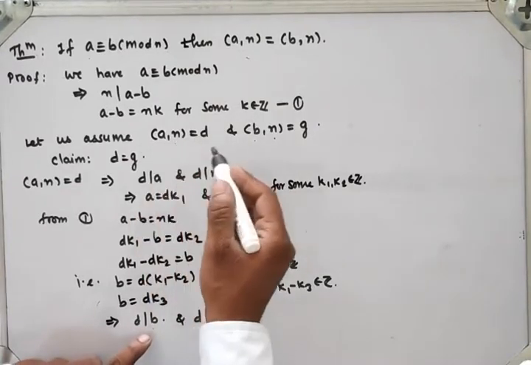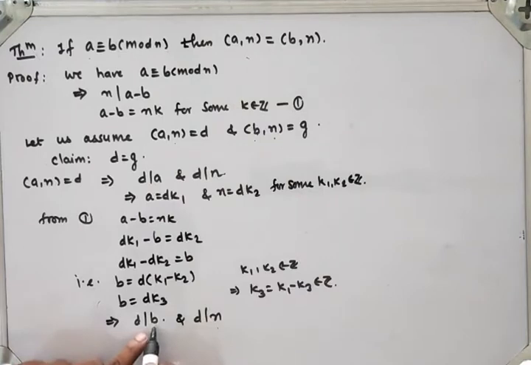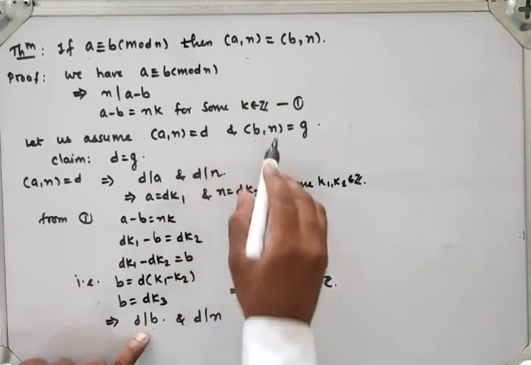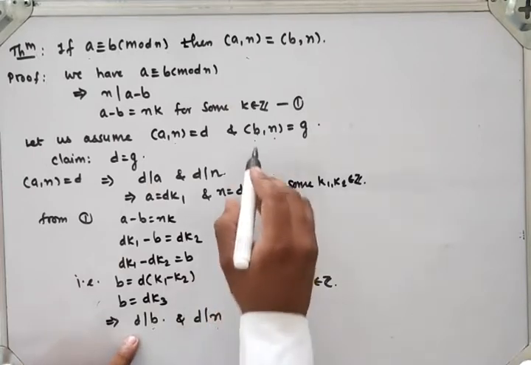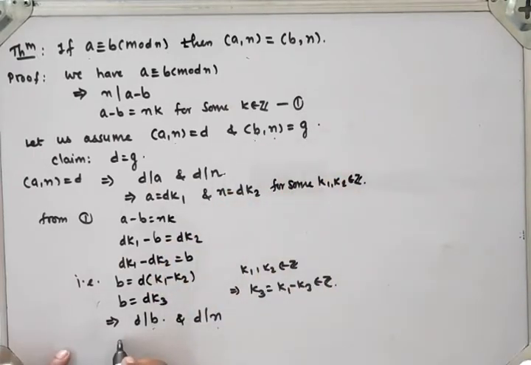And from that case, we get d divides b, and also we have d divides n. So b and n are the elements of these sets. So d divides b and d divides n. What does that mean? d divides g. So this is equation number 2.